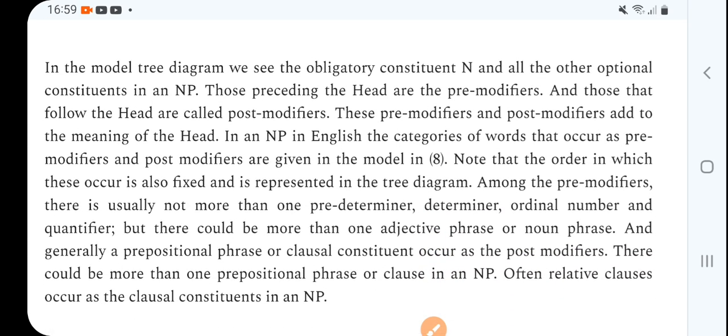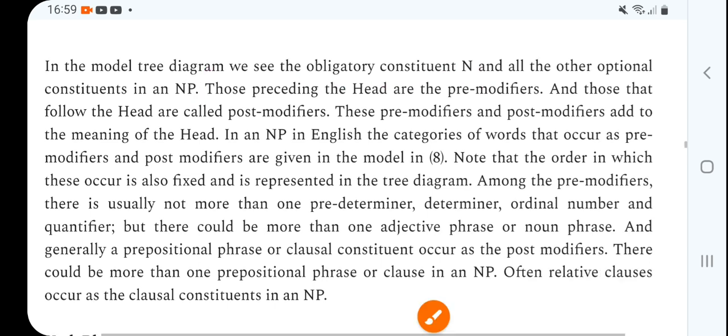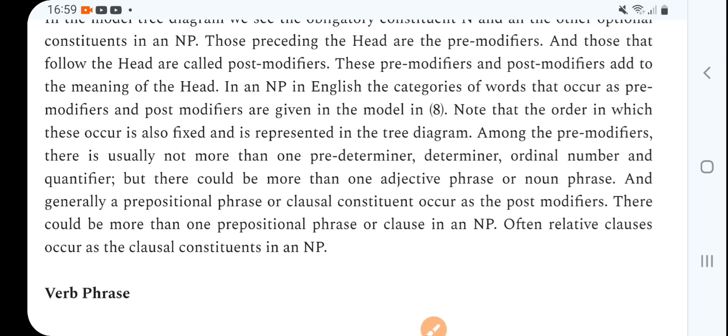Okay. Now let us look at the model tree diagram for all constituents of NP. In the model tree diagram, we see the obligatory constituent N and all the other optional constituents in NP, right? So N, the noun, is the obligatory constituent and all the other are optional constituents in NP. Those preceding the head are the pre-modifiers, right?